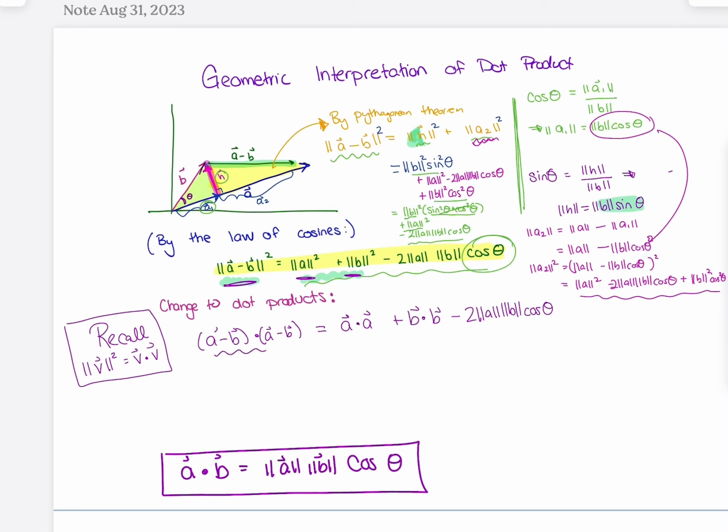Now, on this left-hand side, I'm going to use my distributive property. So I'm going to do out this distribution with something like a FOIL.